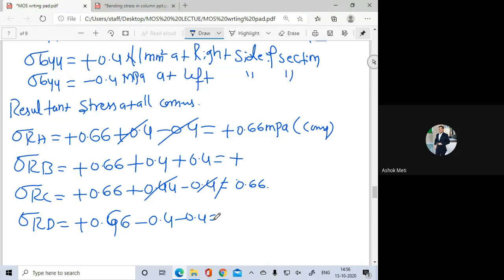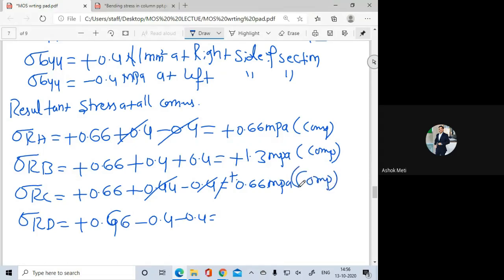Yes, what is the second? Yes, this will be 1.3 megapascal. It is compressive because it is positive, and the second one is also positive, so it is also compression.